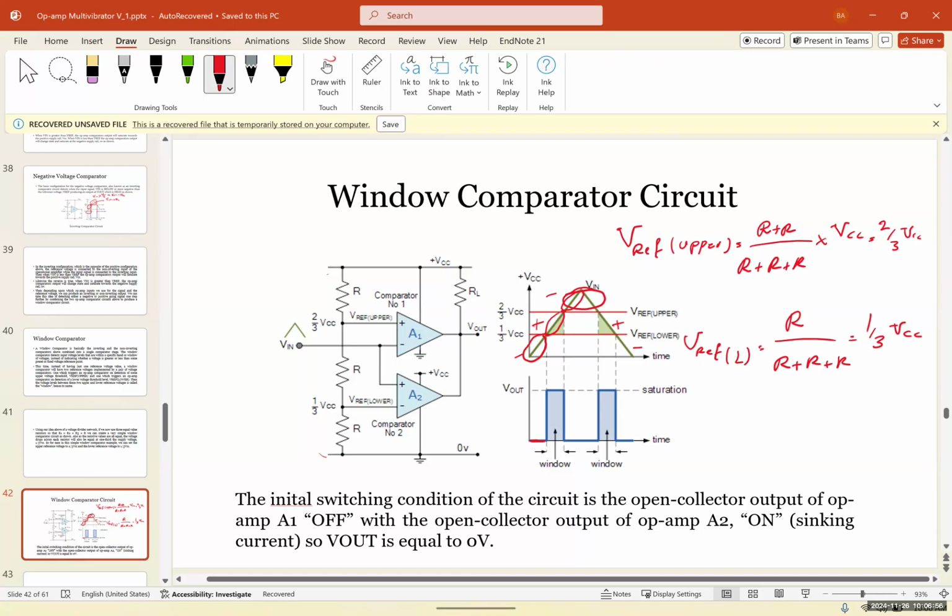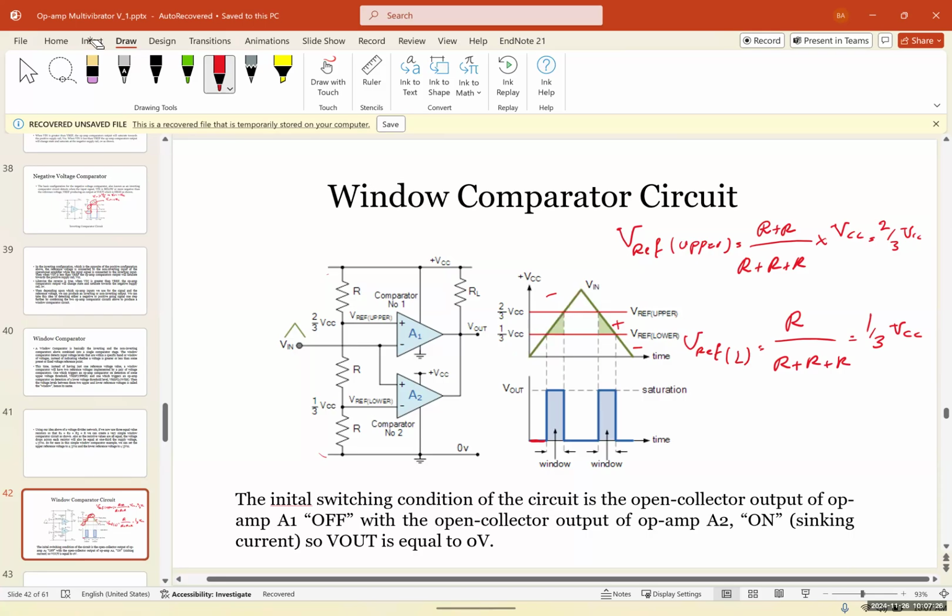So the initial switching condition of the circuit is the open collector output of the op amp A1 off, with the open collector output of op amp A2 on, sinking current. So V out would be equal to 0. So when one of them is off, the other one is on, and the output would be the output of the op amp which is turned on in this situation.